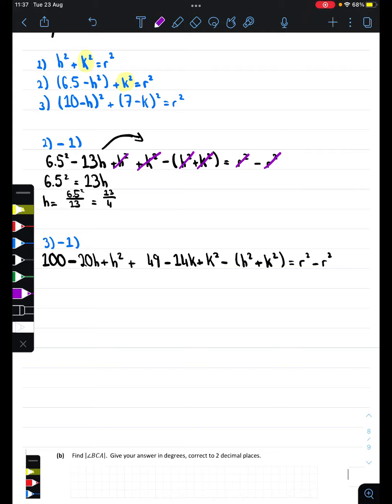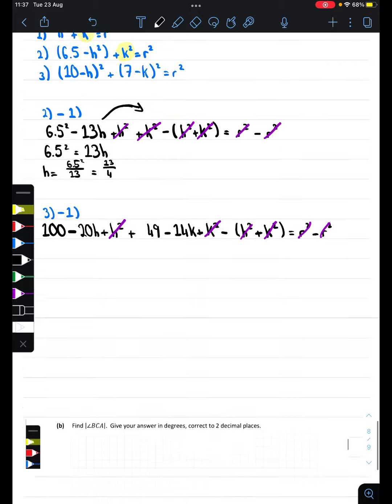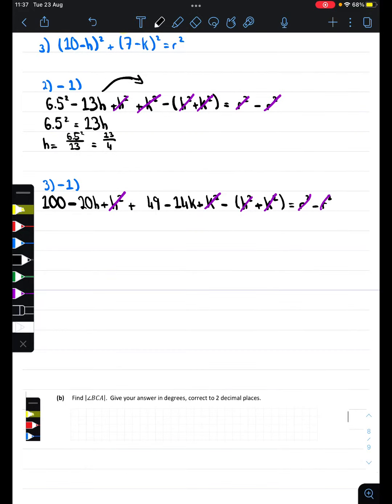So this h squared will cancel, this k squared will cancel, and the r squared will cancel. So this is actually making it very easy for us. So now we've got 100 minus 20h plus 49 is equal to 14k.